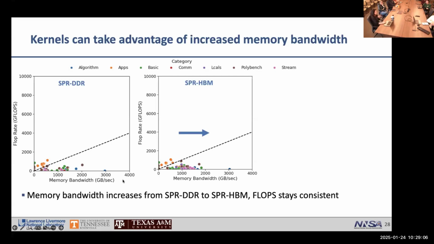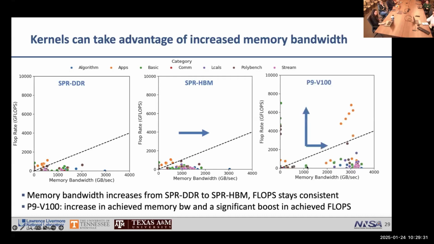These are the same x-axes. The distribution of kernels is moving right, taking better advantage of the increased memory bandwidth. We don't see a whole lot of movement with the flops. The flop rate's on the y-axis, and there isn't much movement up.